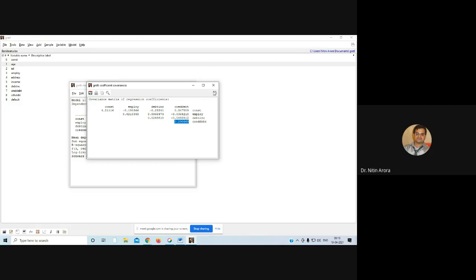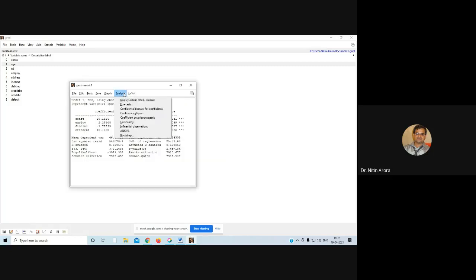In case you need this matrix, you can get it from the analyze option of Gretl, the output of Gretl. Many times we use these variances and covariances as weights, so this matrix can be observed.